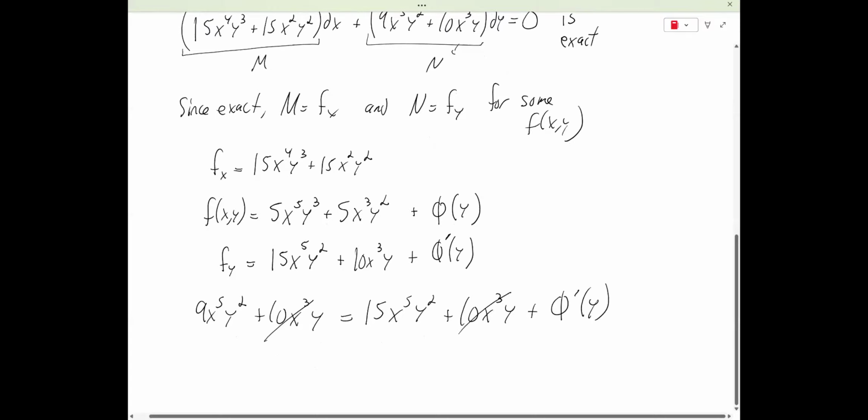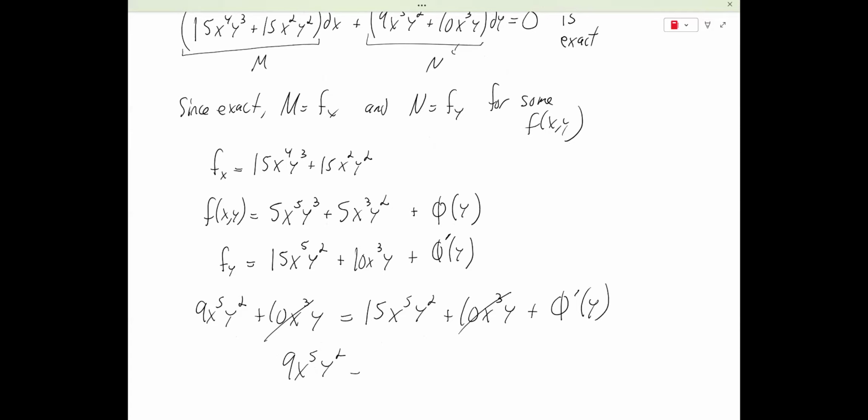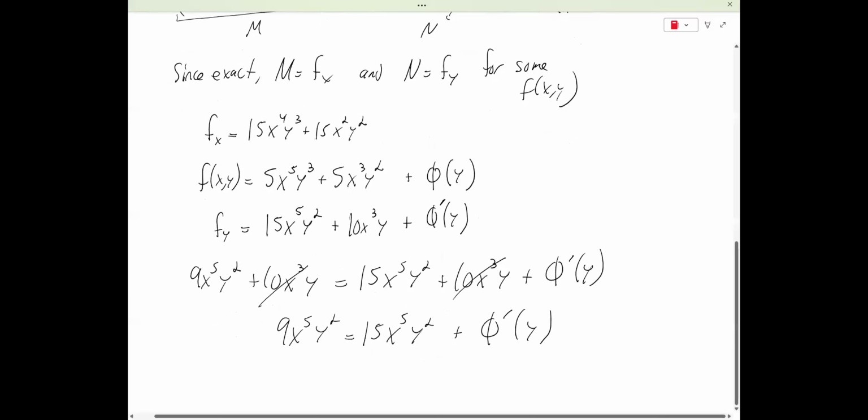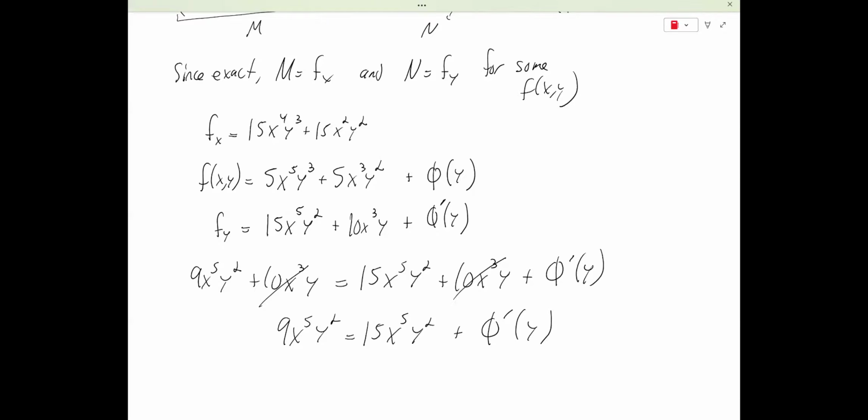And then I get 9x to the fifth y squared equals 15x to the fifth y squared plus phi prime of y. Why aren't these canceling? I want the x to the fifths to go. Shouldn't have any x's left in that.